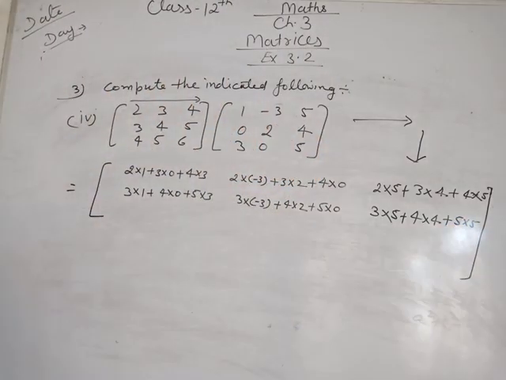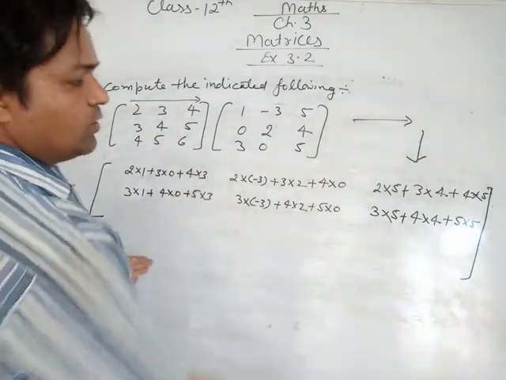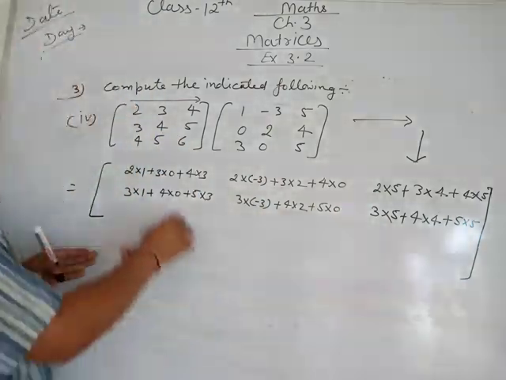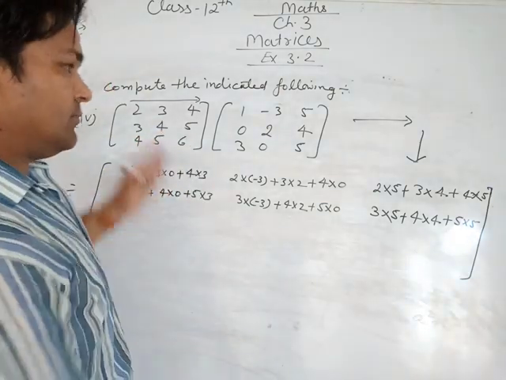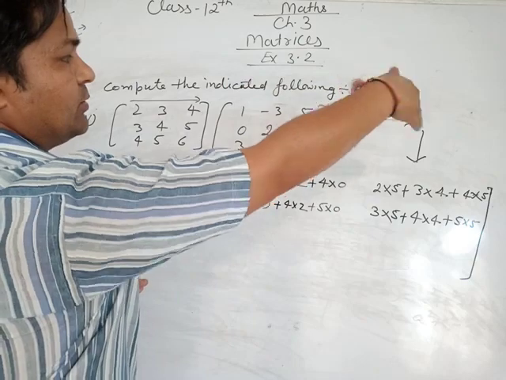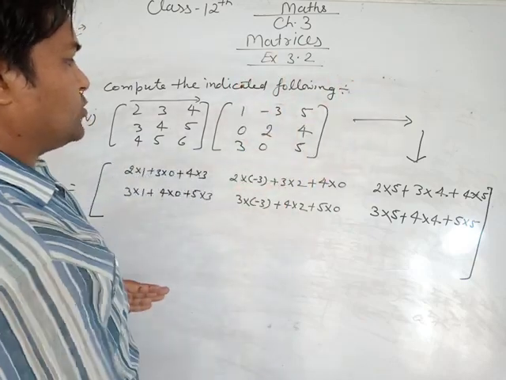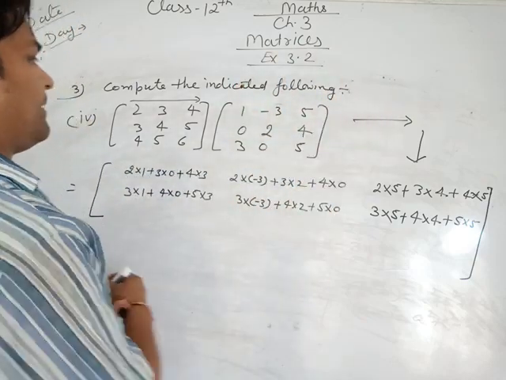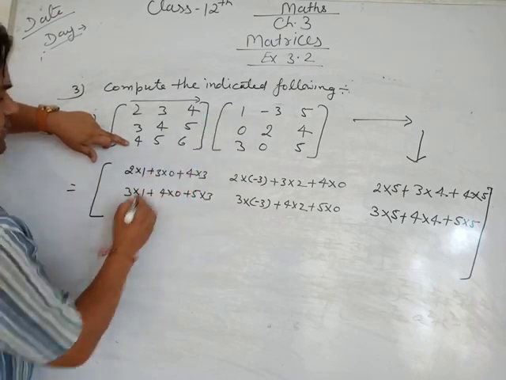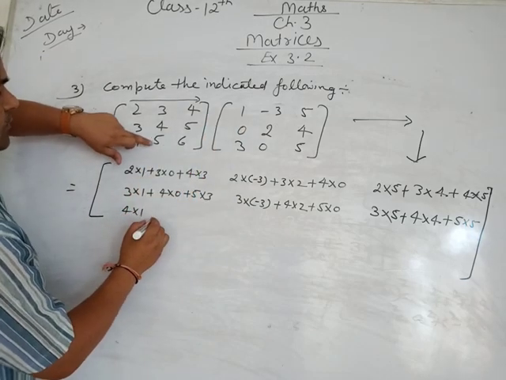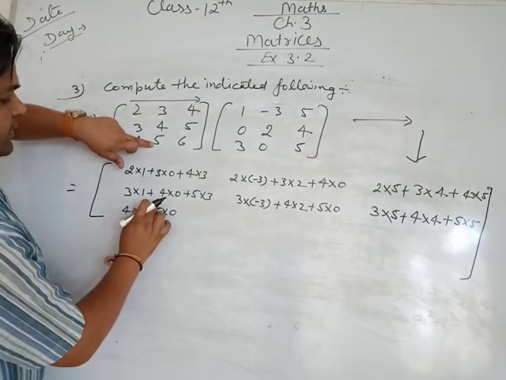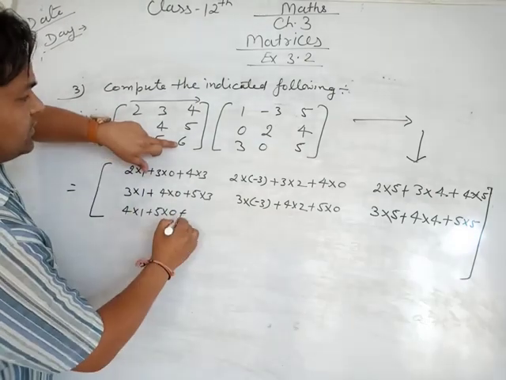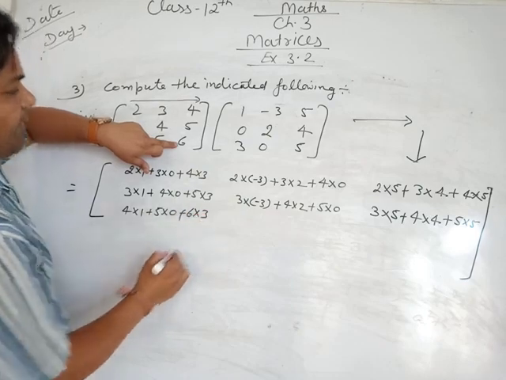Understand? For this type of question, for the elements of the second row, we take the second row of the first matrix and continuously multiply it with the corresponding elements of the columns. Up next, 4 multiply 1, 5 multiply 0 plus 6 multiply 3.